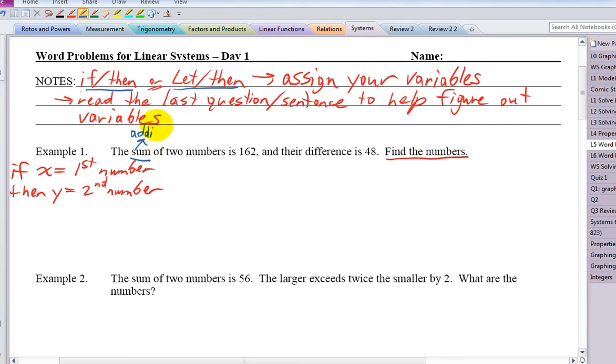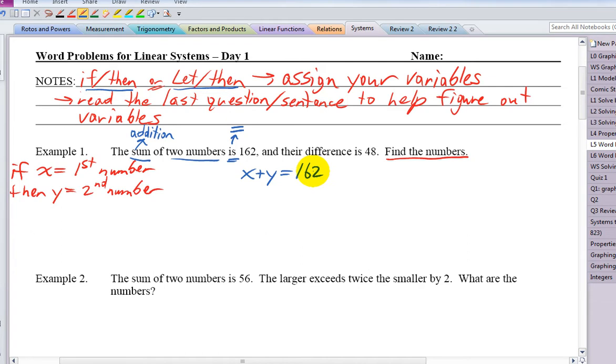Okay, so we're going to add our numbers together. The sum of two numbers is almost 95% of the time going to represent your equal sign. So the sum of two numbers, that would be X plus Y, is your equal sign, 162. That's your first sentence in your first math equation.